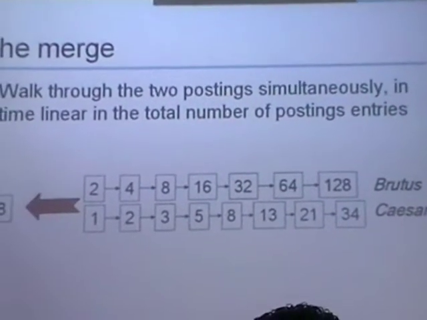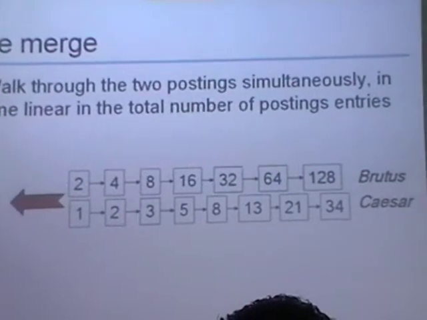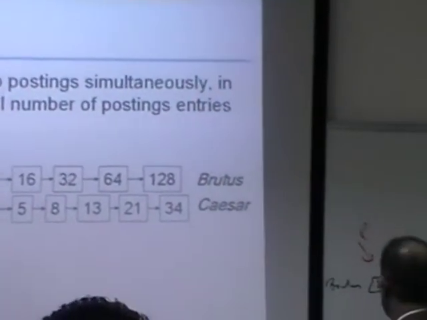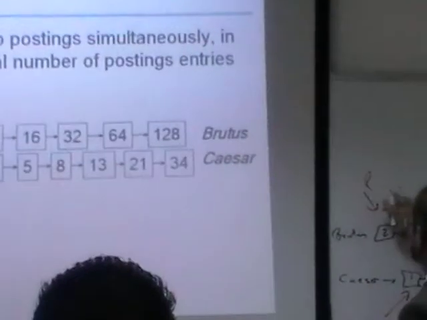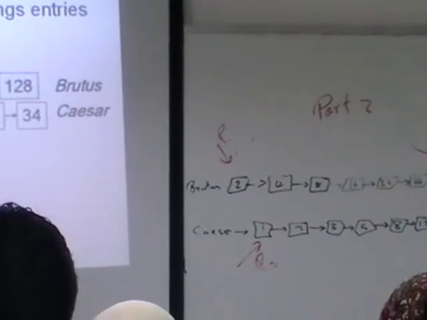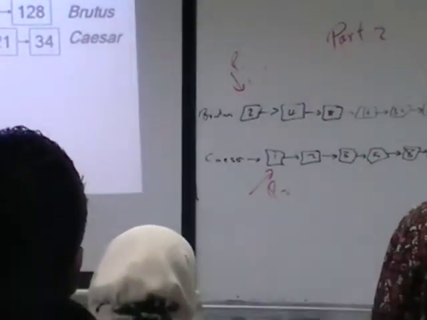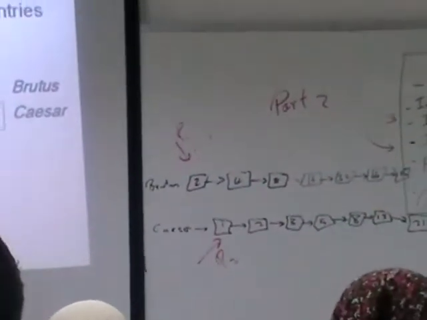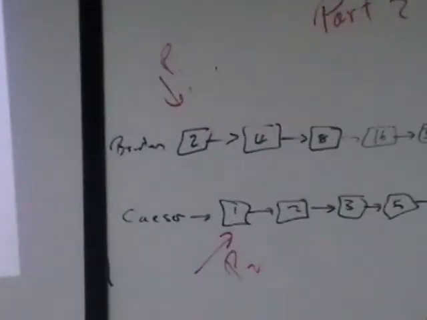We have 2 pointers, pointer 1 and pointer 2. So what happens is that once the 2 pointers are pointing to 2 different documents, we compare the 2 documents.